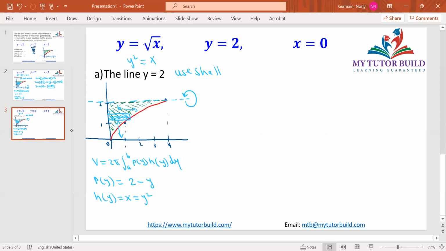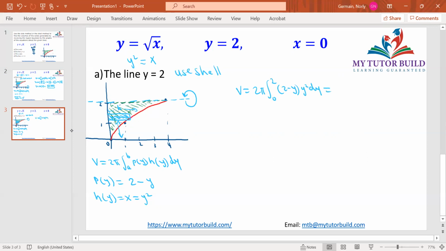So that would be y squared for h of y. Now, using the formula, it simply gives us 2 pi integral from 0 to 2, because remember we integrate with respect to y, so 0 to 2. p of y would be 2 minus y, times y squared dy.